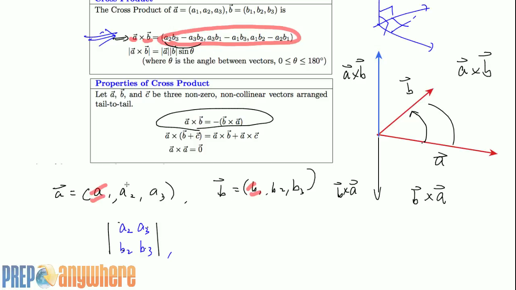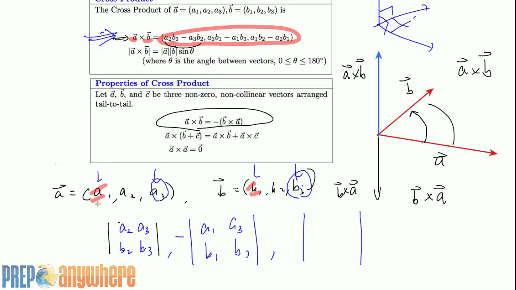You cover the middle and you get A1, A3, and you put B1 and B3. But the middle one, you've got to put a minus in front. Lastly, you cover the last, so you put everything but the very last one: A1, A2, B1, B2. These are the coordinates for the cross product.